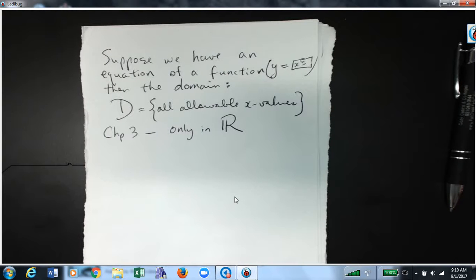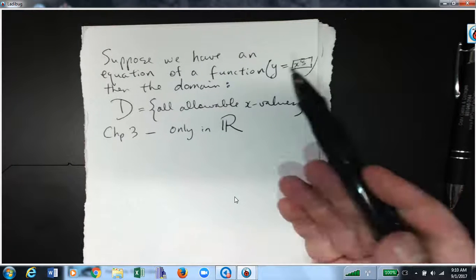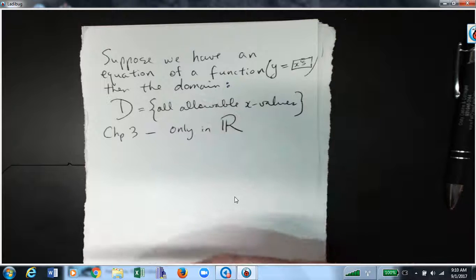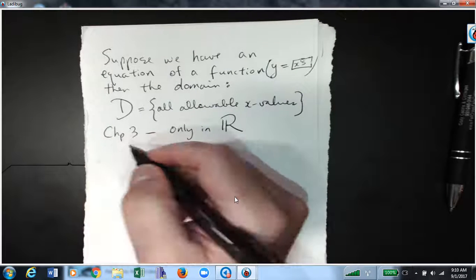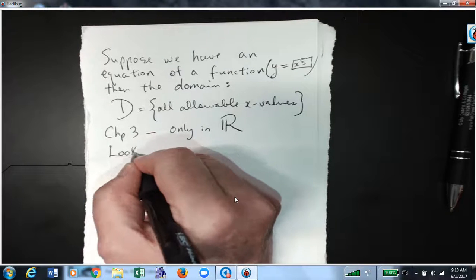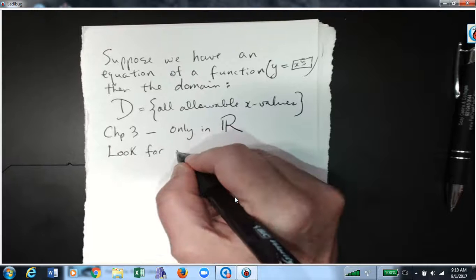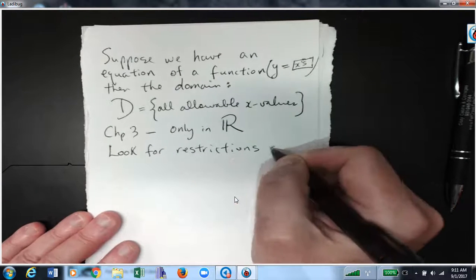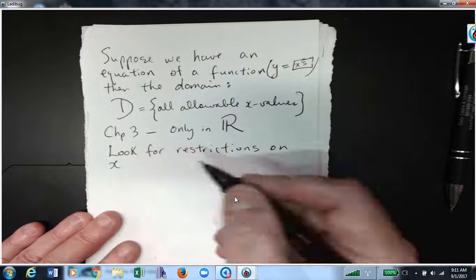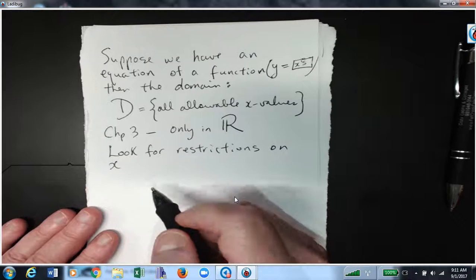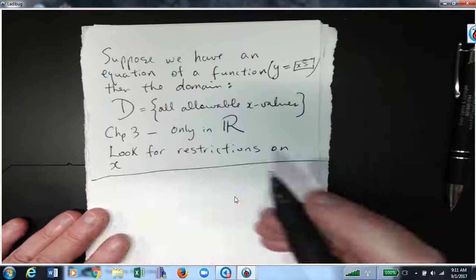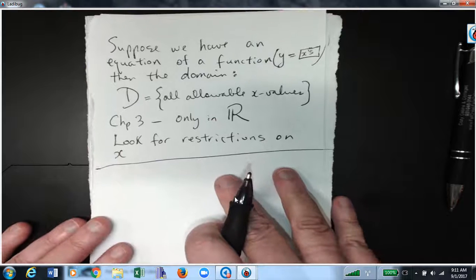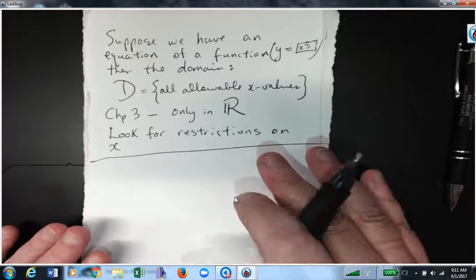Okay, so if we're going to answer a question about what the domain is and we have an equation, what we need to do is look for restrictions on x. What do we mean by restrictions on x? Where do we have restrictions?